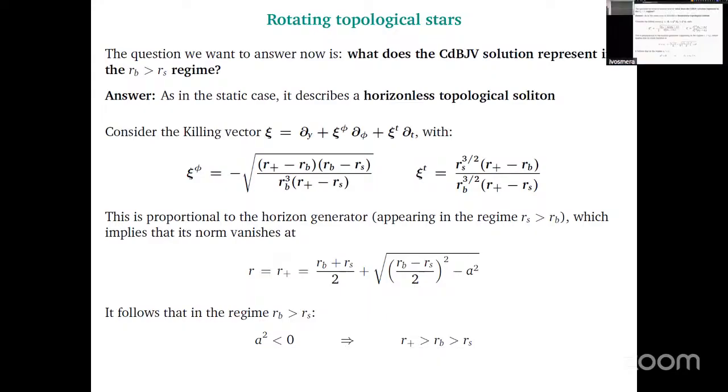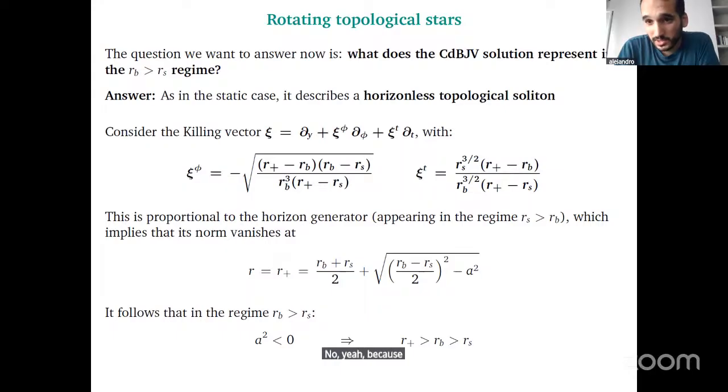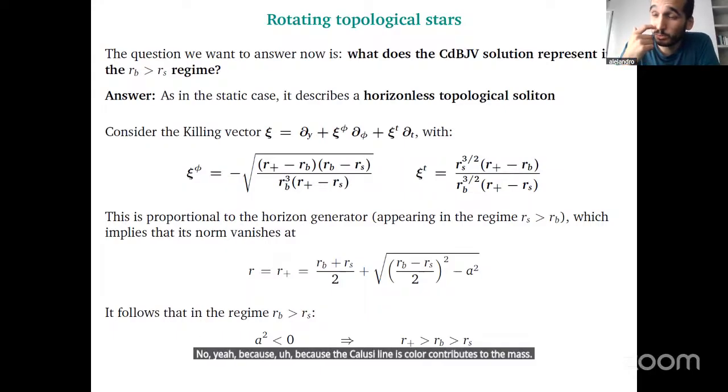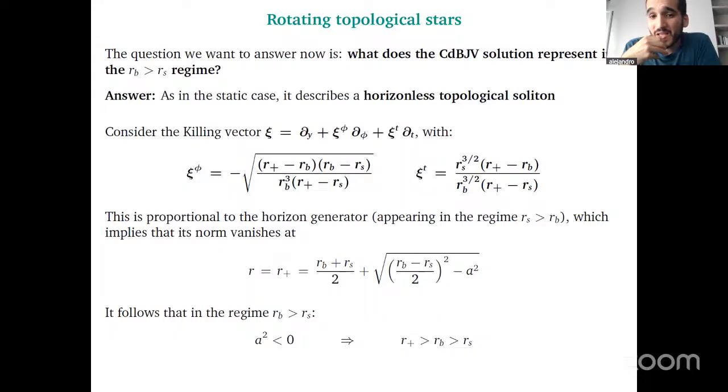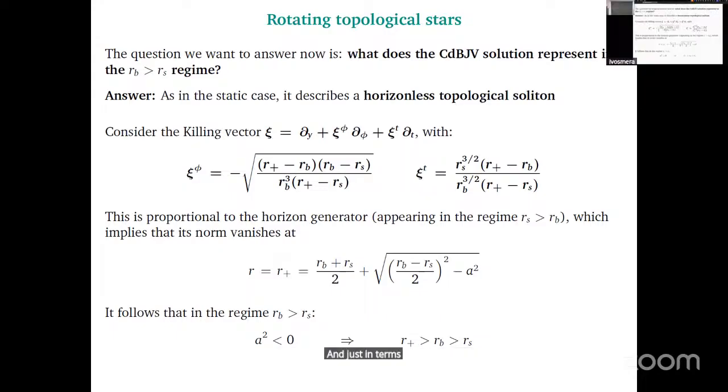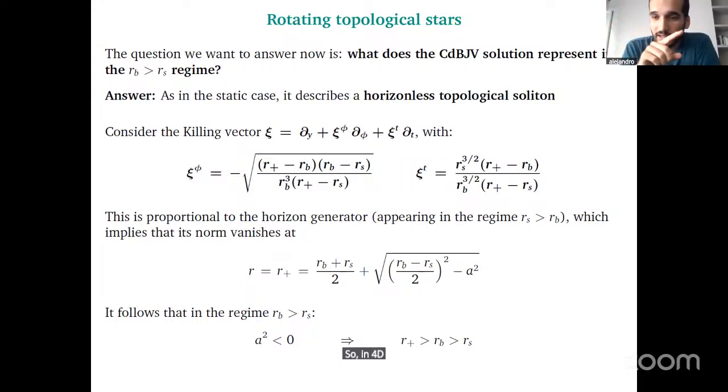Because the Kaluza-Klein scalar contributes to the mass. If you compute it in 4D and in 5D, you don't get the same. And just in terms of phase space, in 4D, you get RS plus 2 RB or the other way around, I don't remember.